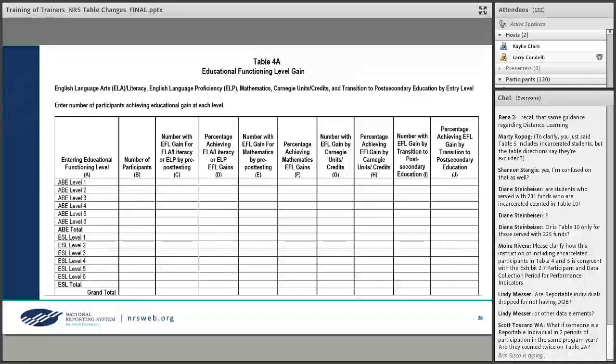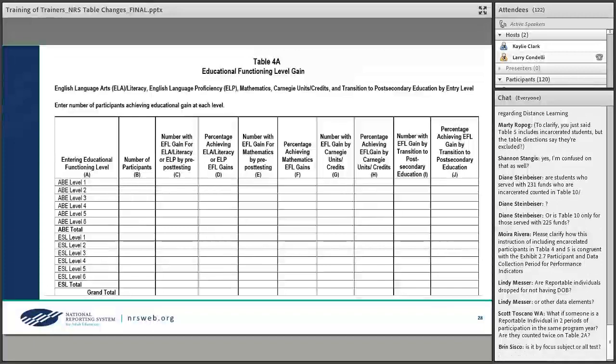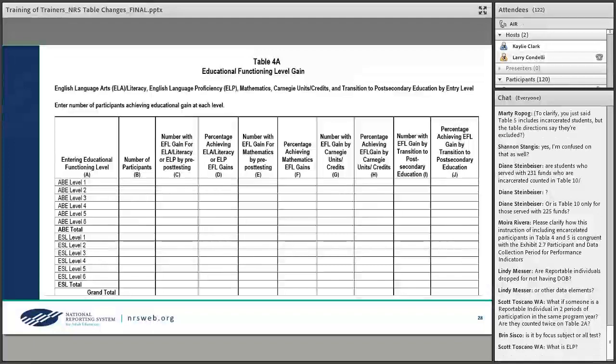But then C would be any gain that participant got from a pre and post test through ELA literacy or ELP if they're an ESL student, and any gain they got on a mathematics test if they were given a mathematics test. You don't have to give a math and an ELA test, for example, but if you happen to, and there was a gain there, you want to report that there.